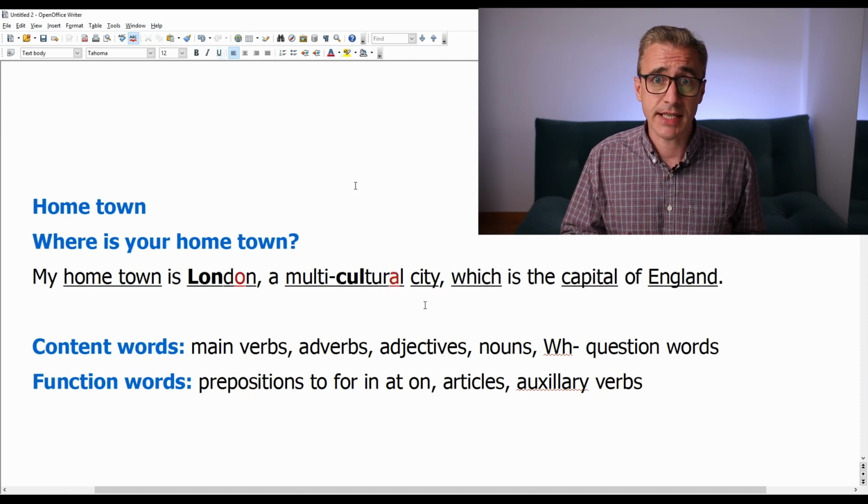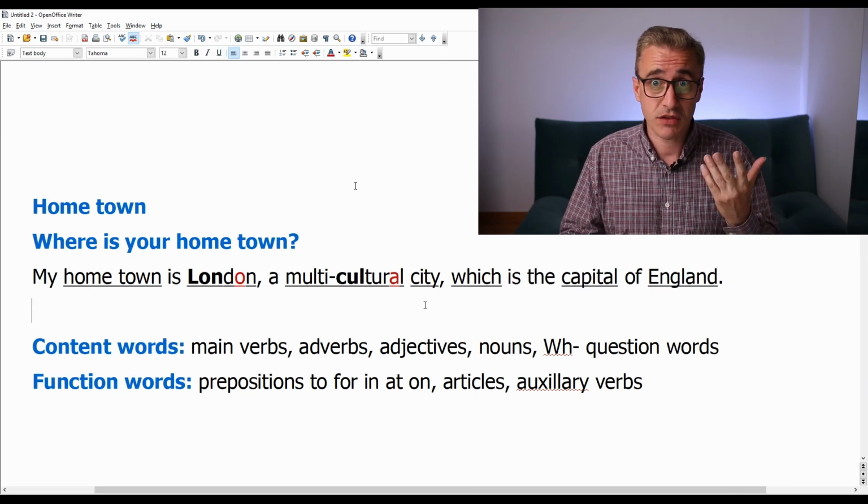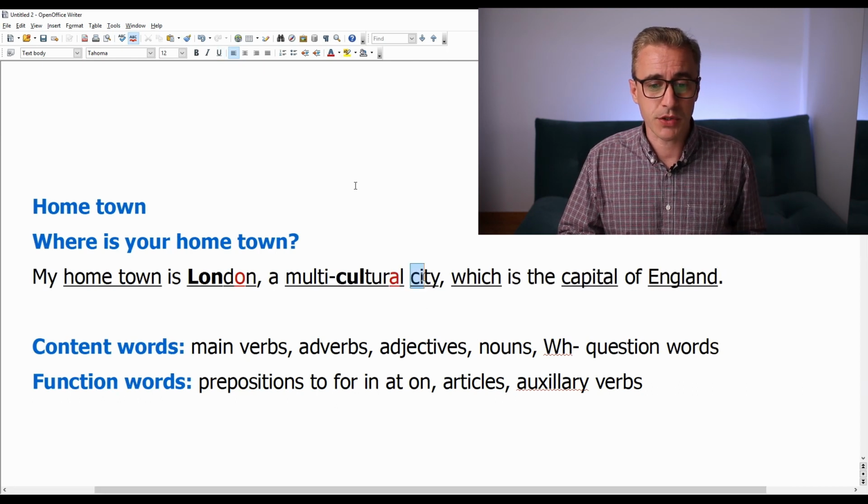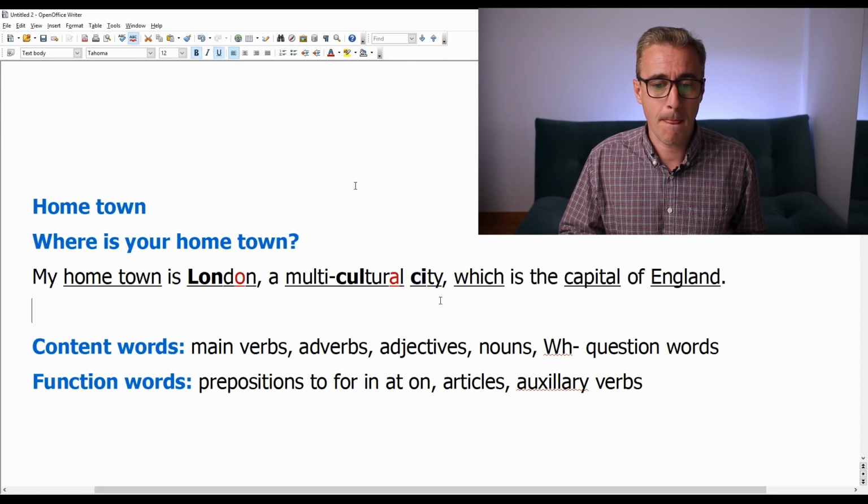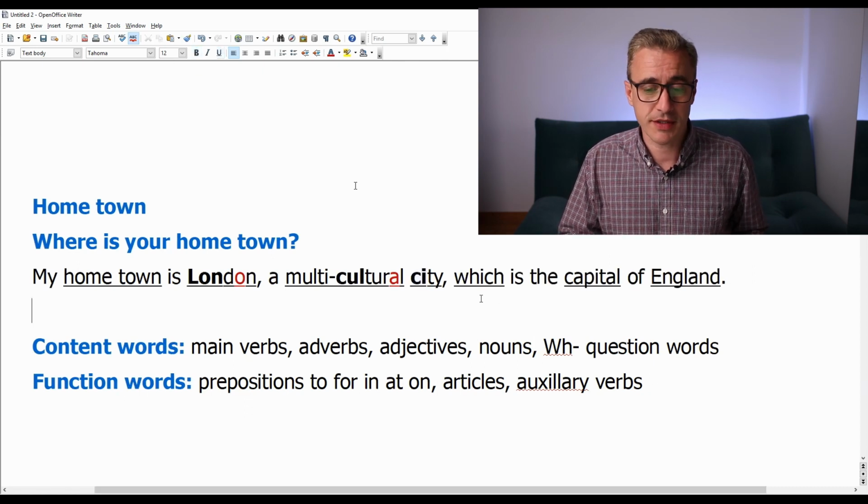Then we have city, city. So there's actually two syllables here. So the first syllable is the stressed syllable.